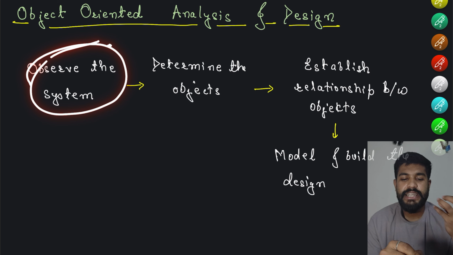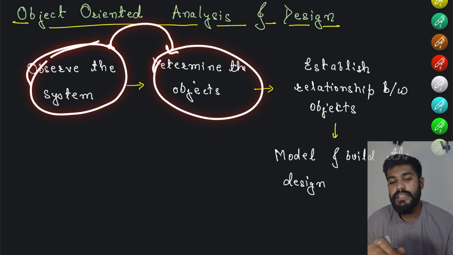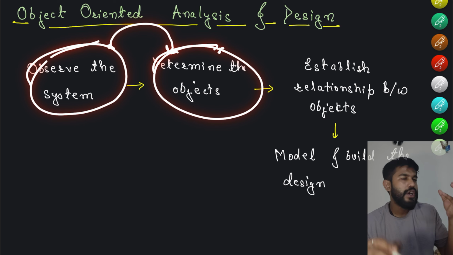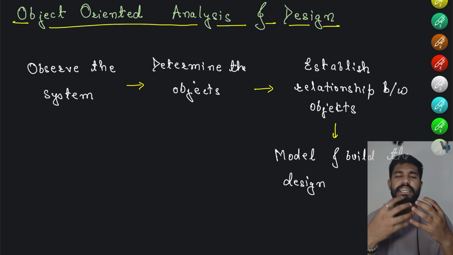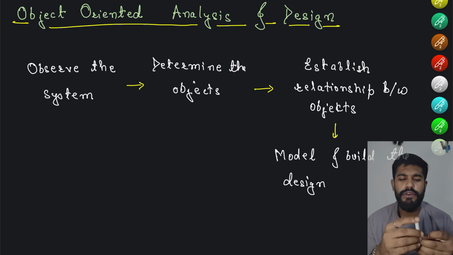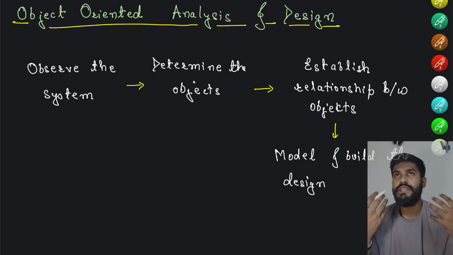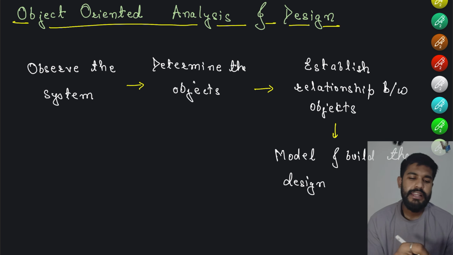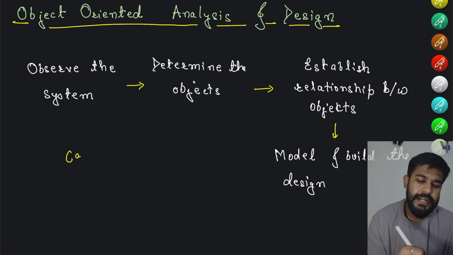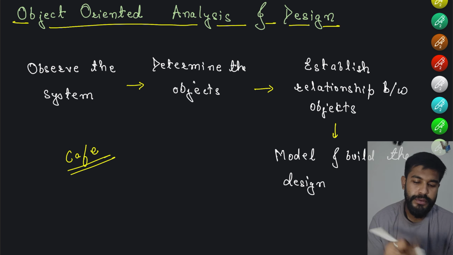That is basically taking down what is needed and then determining the objects, laying out whatever is the requirement. Let me give you a very brief example. Observing the system means someone told me that I want to build a cafe of my own.